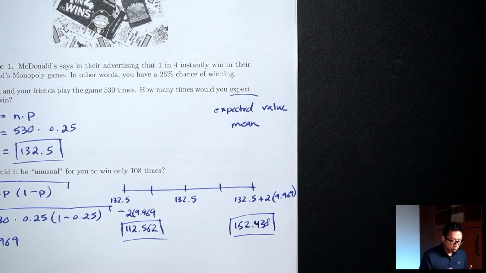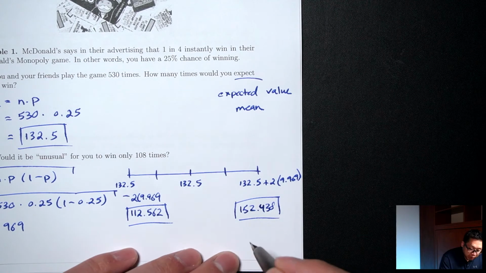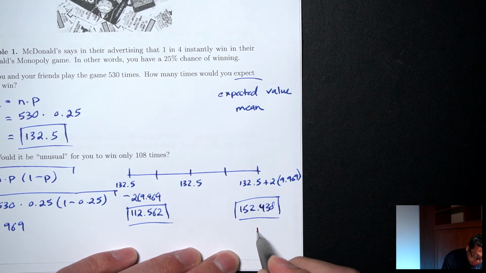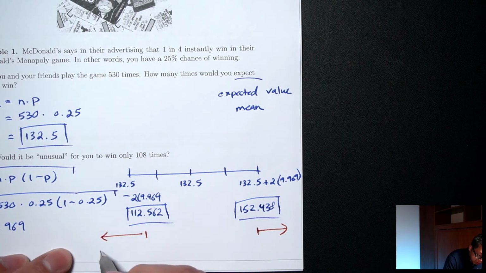Okay, so remember, these are the boundaries, the lower and upper limit for what's considered unusual and not unusual. If you're on the outside, that's considered unusual.